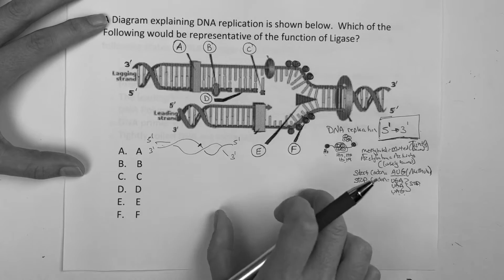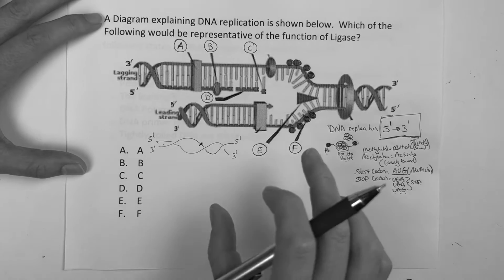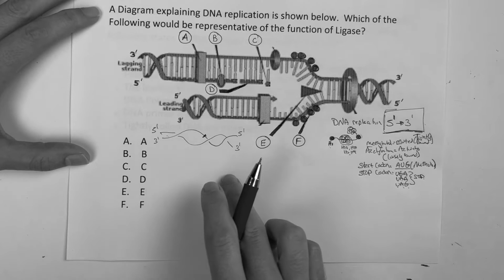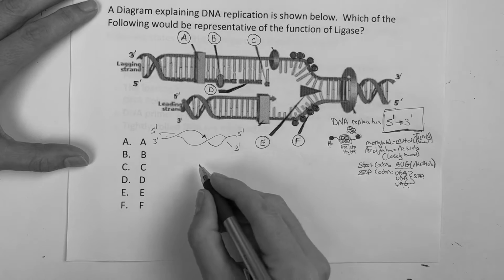Now, before we draw how it gets pulled apart, there are a couple of terms I want to write down in the beginning that we're going to identify as we go.